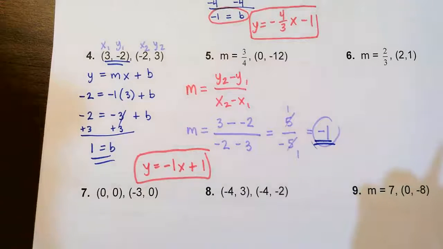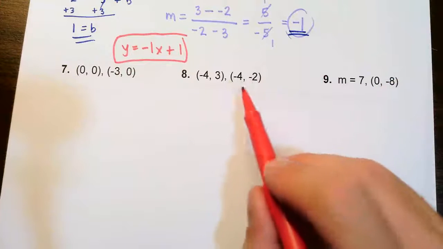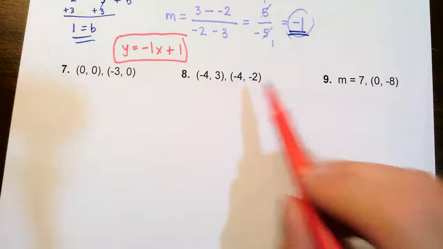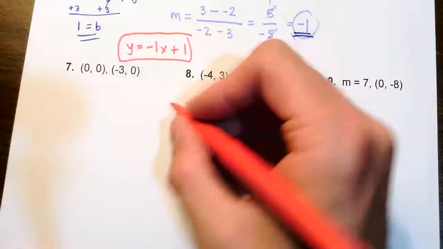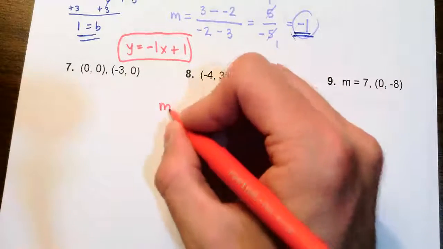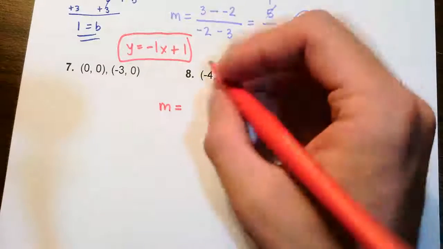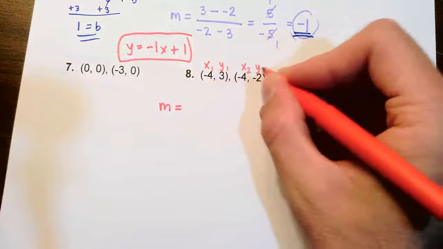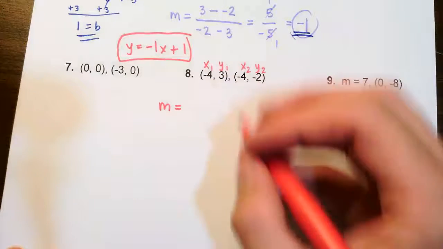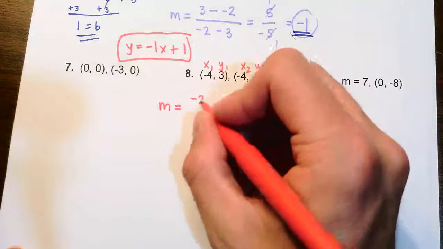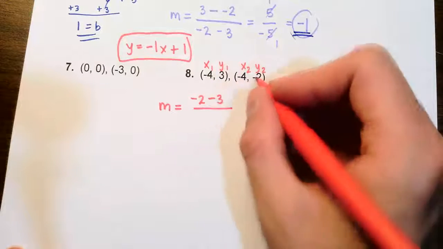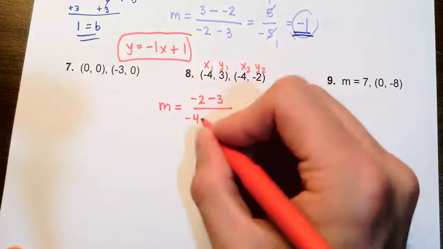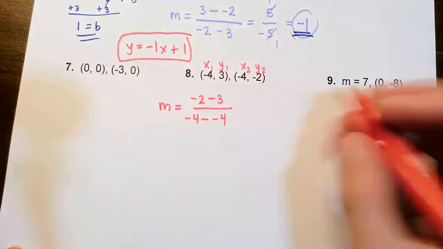There you go. Now, there is one more here that caught my eye as we were looking at it. Number 8. Let's see what happens when we find the slope here. So this will be my x1, this will be my y1, x2, and y2. Let me calculate that slope. y2 minus y1 over x2 minus x1.